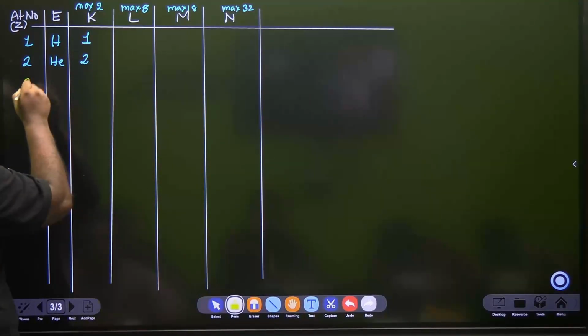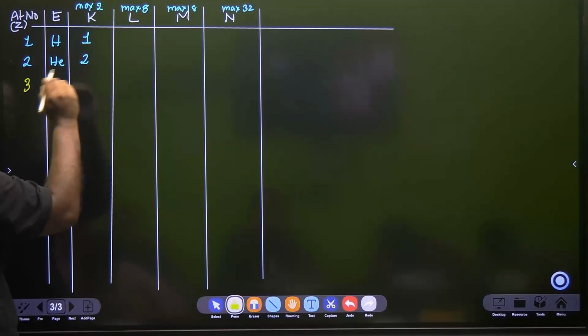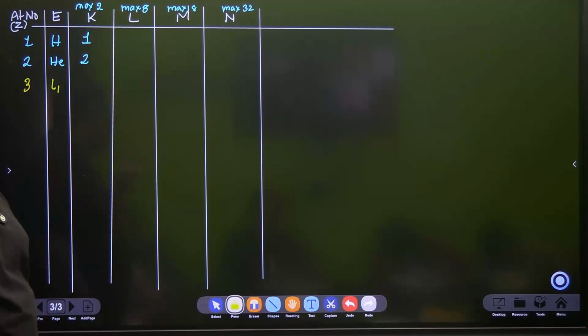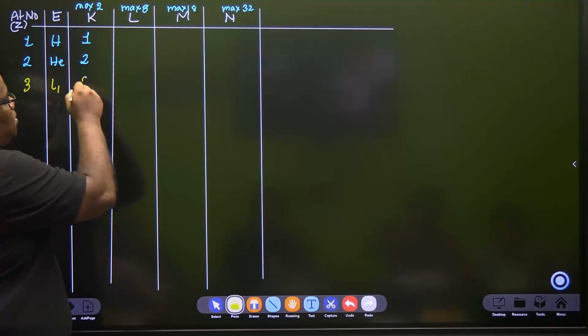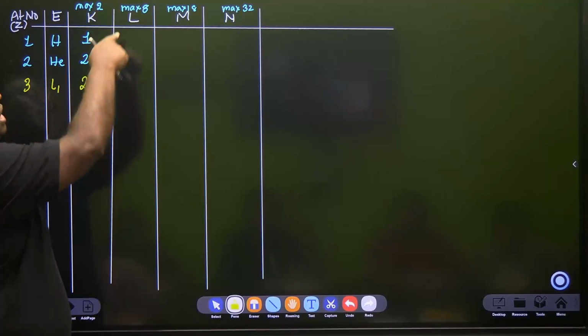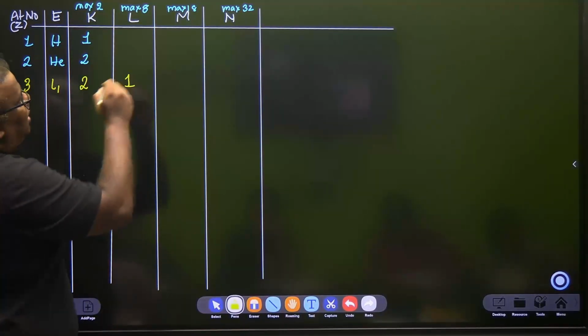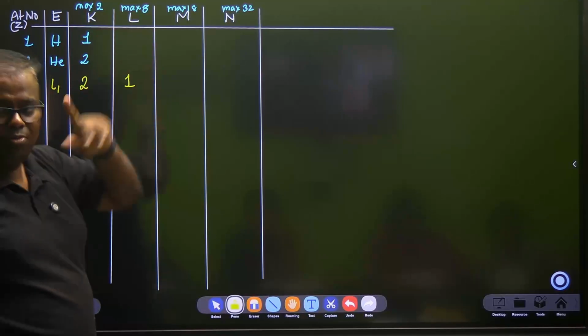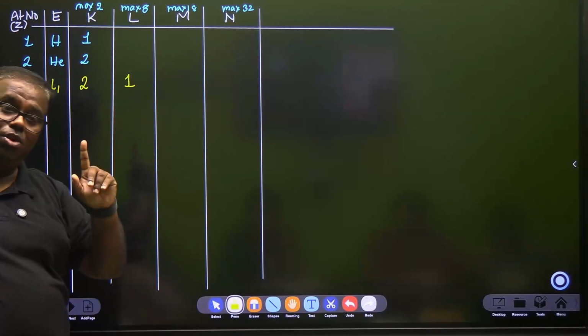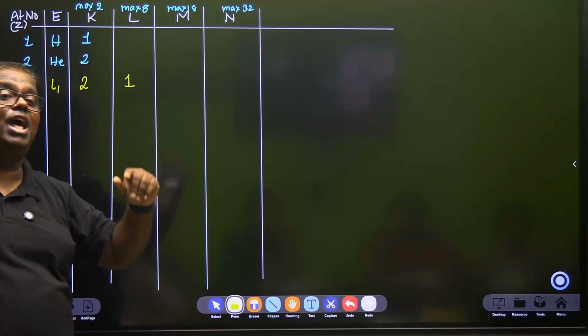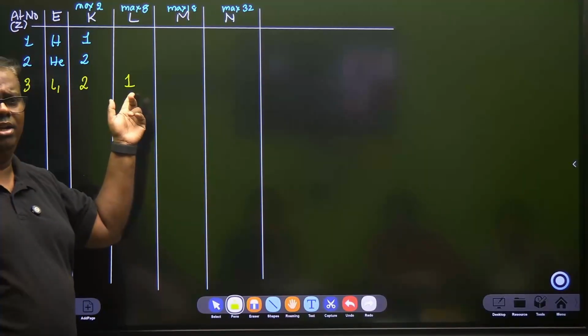So atomic number 3 is lithium. Number of electrons for lithium is how many? 3. Now how do we allocate 3? 2 maximum capacity occupied, and then 1. How many can it take? 8. But wait, is it not the valence shell? Yes. What is the rule? Valence shell cannot have more than 8, but it is only 1.